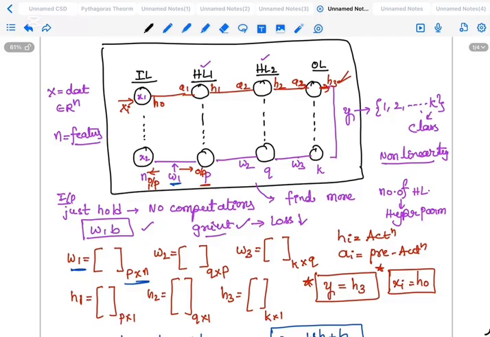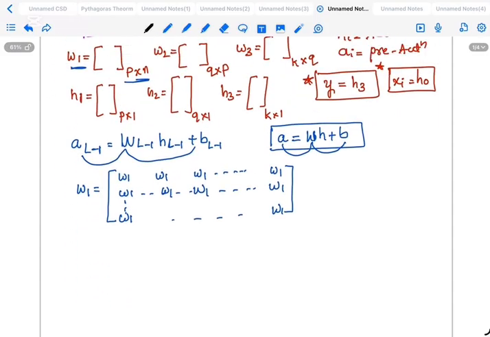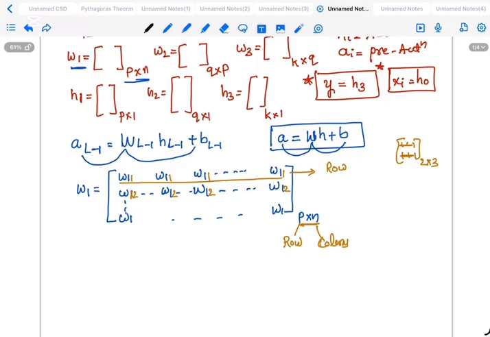W1 size is P cross N. For example, a 2 cross 3 matrix means 2 rows and 3 columns. So P is the number of rows, and N is the number of columns. In every row the first index W1 is common, and P is the row index.